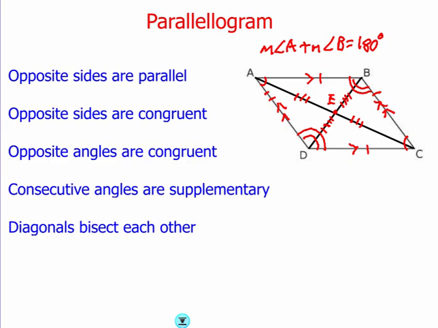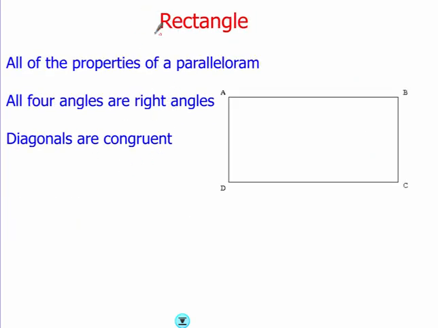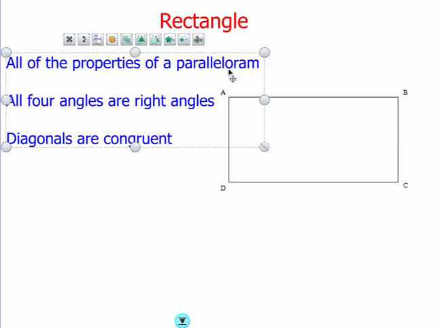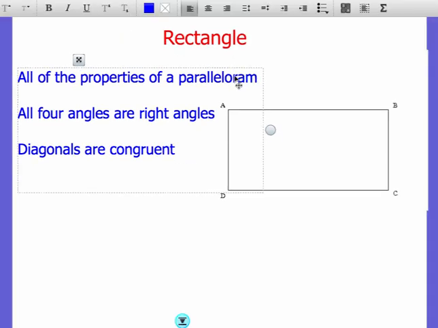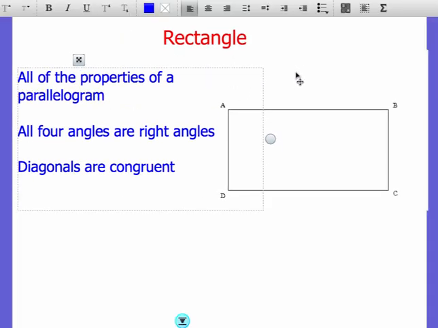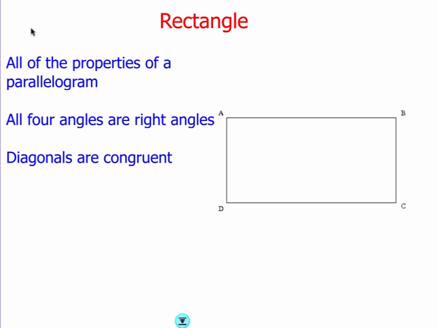Now if we were to get slightly more specific, we can get to a rectangle. A rectangle is also a parallelogram. So everything that holds true about a parallelogram also holds true about a rectangle.